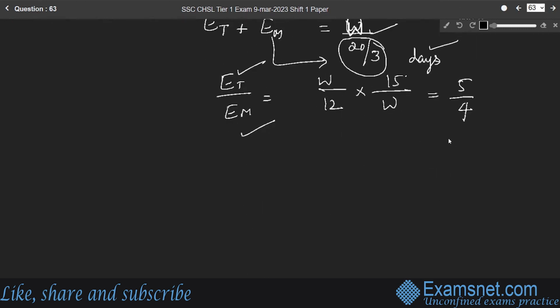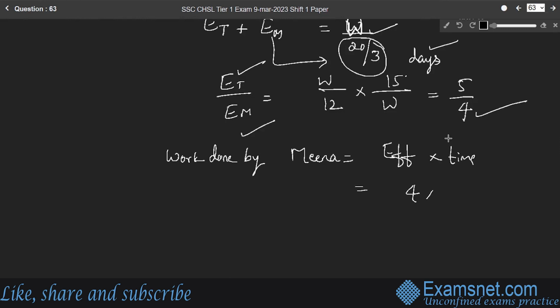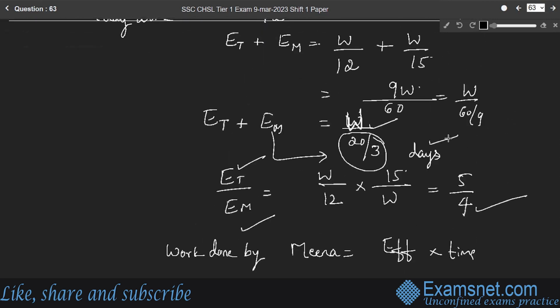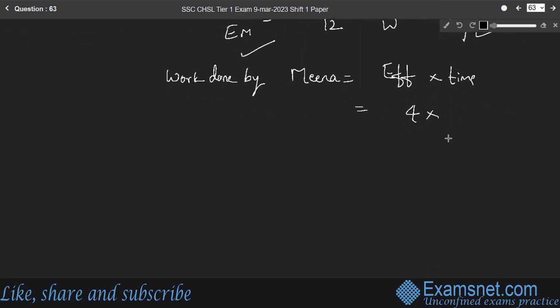Work done by Meena, if they start working together. Work is efficiency into time. Meena's efficiency is 4 here, into time, 20 by 3 days. Therefore, you will get 80 by 3 units as the work done by Meena, right?